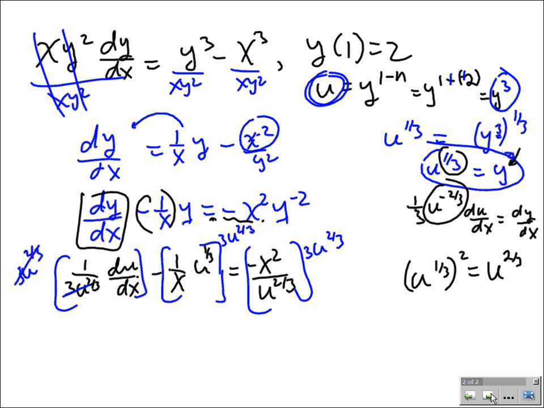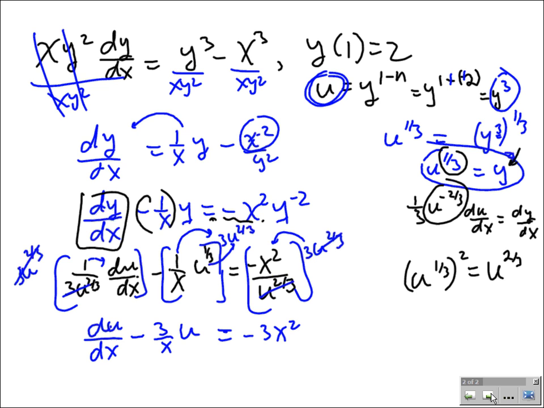Here, I just get 1 times du dx, minus 1 over x times 3, that's 3 over x, times u to the 3rd times u to the 2/3. You add the powers, you get 3/3 or 1. You don't have to say u to the 1, it's just u. And this is equal to, well, this cancels out, and you get minus 3x squared.